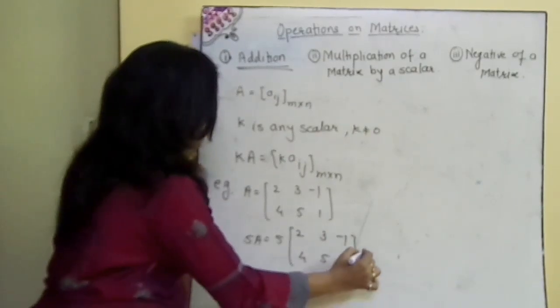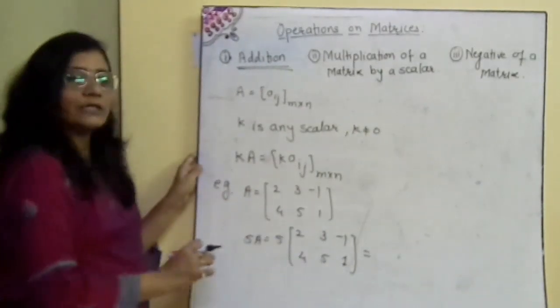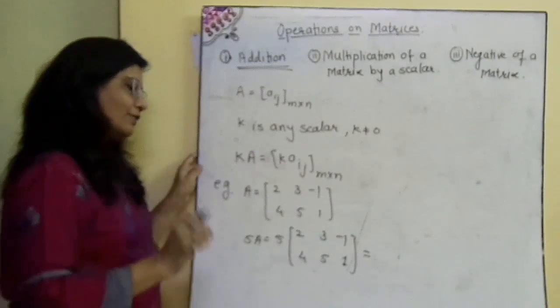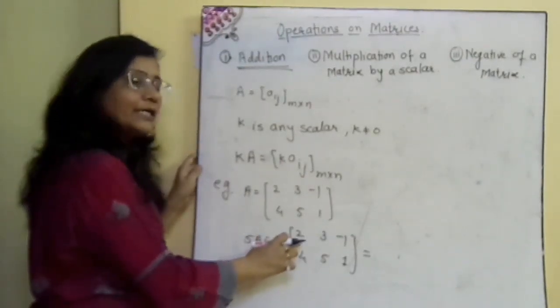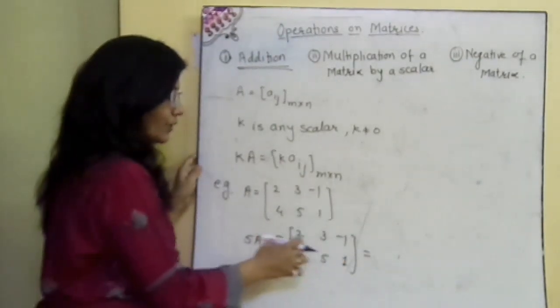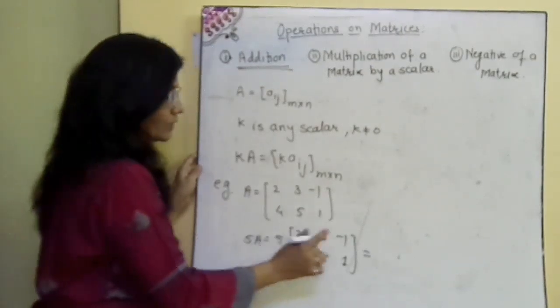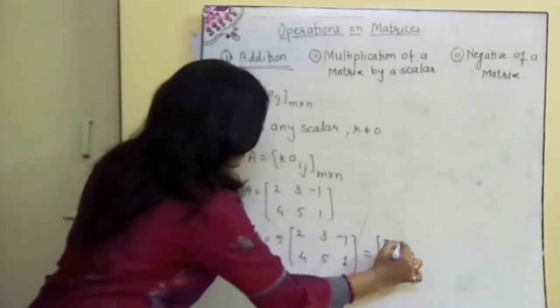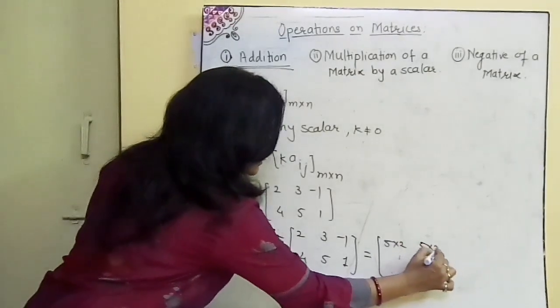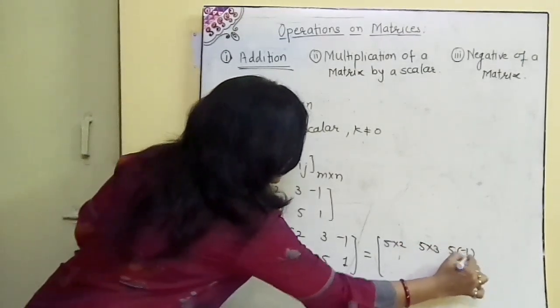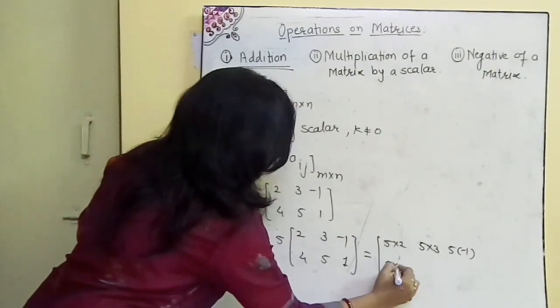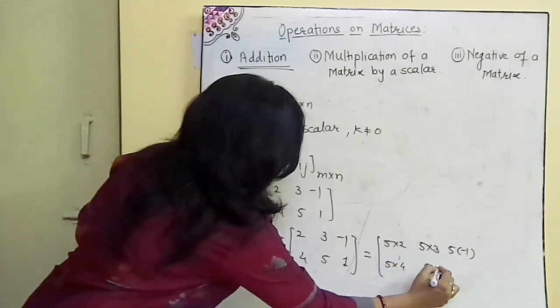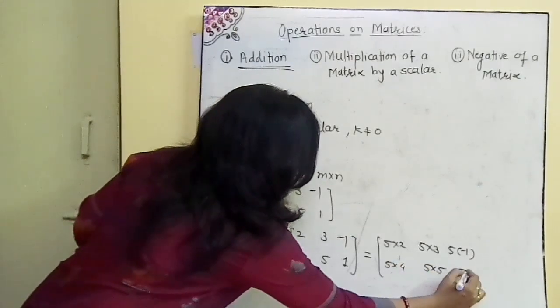Now while doing this scalar multiplication, what do we have to do? We have to multiply each and every element of this matrix by 5. So that is 5 into 2, 5 into 3, 5 into minus 1, 5 into 4, 5 into 5, 5 into 1.